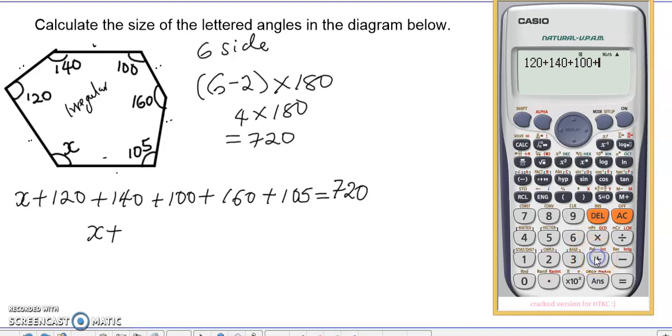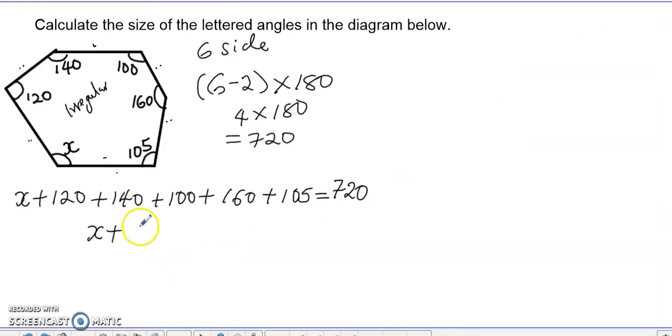Okay, the known angles give us 625, so x plus 625 is equal to 720.